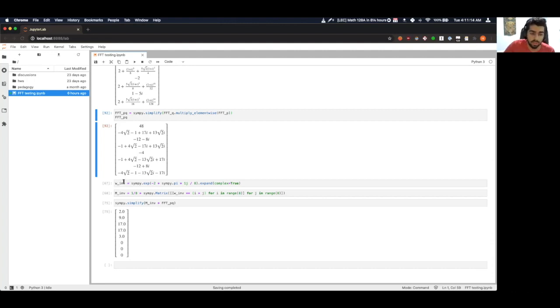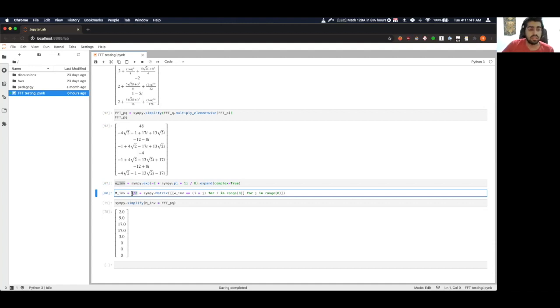So this is omega inverse. And then you construct a very similar Vandermonde matrix as we were using before, except instead of omega naught as the base element that you're using to construct the entire Vandermonde matrix, you're using omega inverse. And you're also multiplying by 1 over 8 or 1 over n, where n is the size of the matrix.